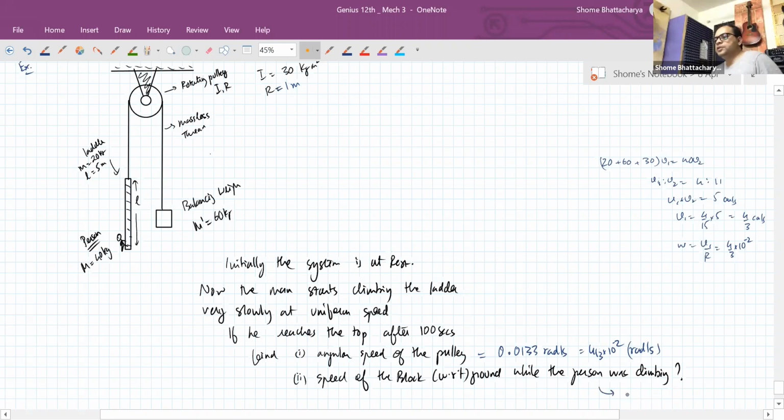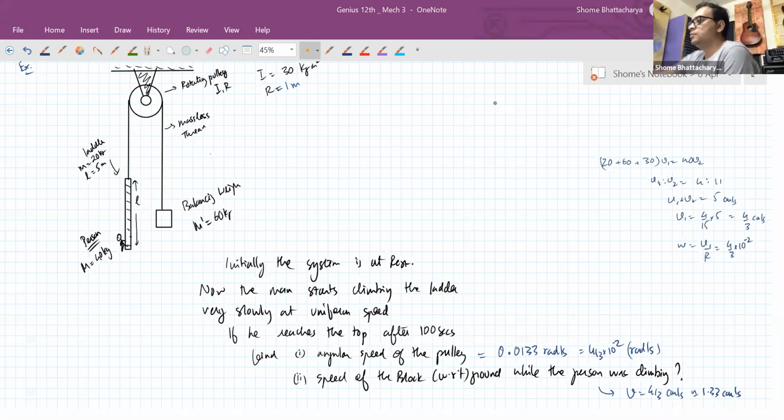And similarly, I'm getting the speed of the block in the ground frame to be 4 by 3 centimeters per second. Anybody else got the answer? Please let me know.